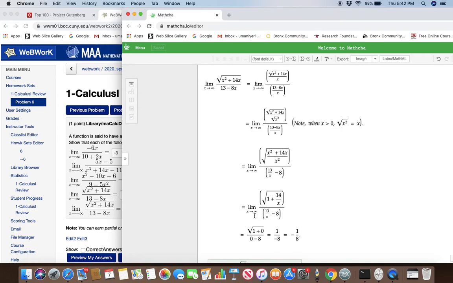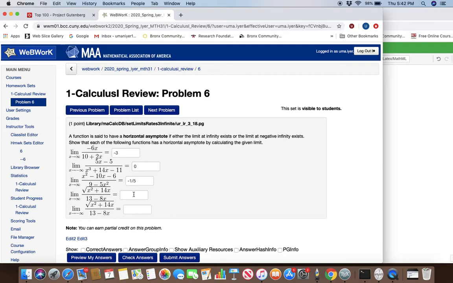Now when I take the limit as x approaching infinity, this fraction goes to 0. This fraction goes to 0. I have square root of 1, that is 1, over 0 minus 8, negative 8. Positive over negative, negative 1 over 8.